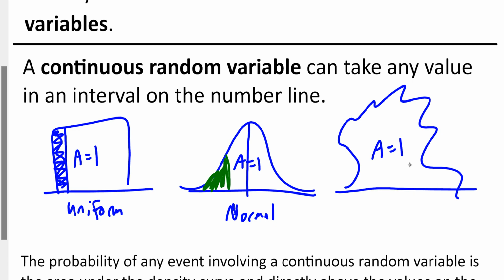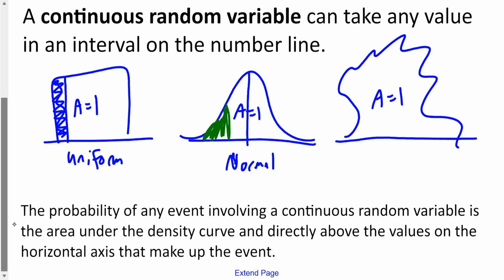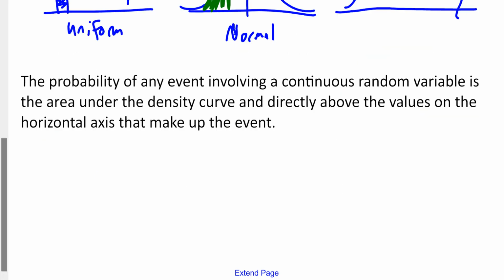So the probability of any event involving a continuous random variable is the area under the density curve and directly above the values on the horizontal axis that make up the event. So in other words, we're using things like the probability that x is less than 3. We're going with it's a range. And reminder, that's going to be the same as when we deal with normal curves, the probability that x is less than or equal to 3.